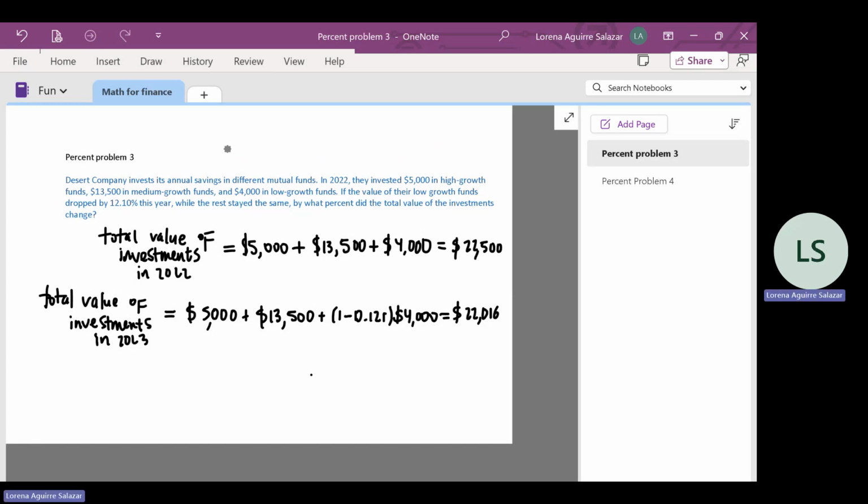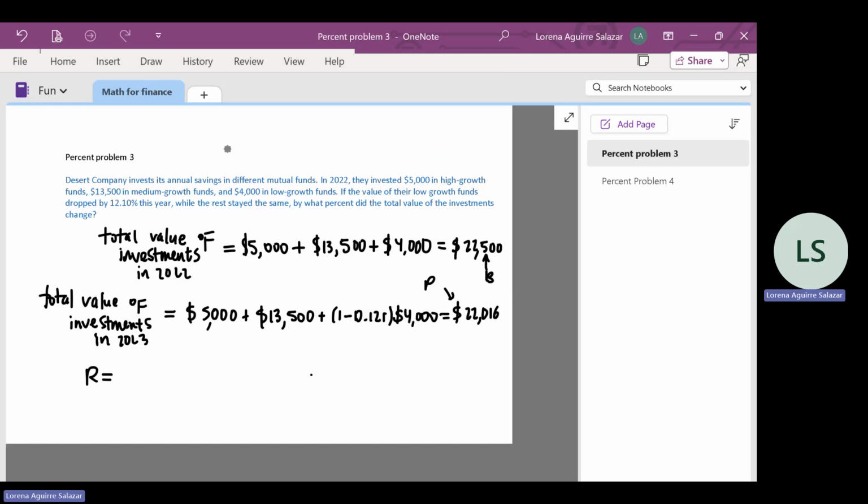Then we know that the answer is going to be a negative number in percentages because there was a decrease. And those two values are related through a rate. So this is going to be the portion, this is going to be the base. That portion corresponds to a certain percentage of the base.